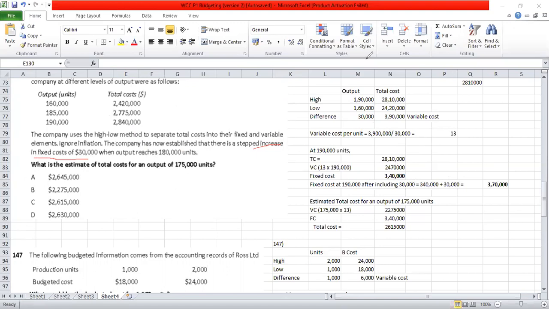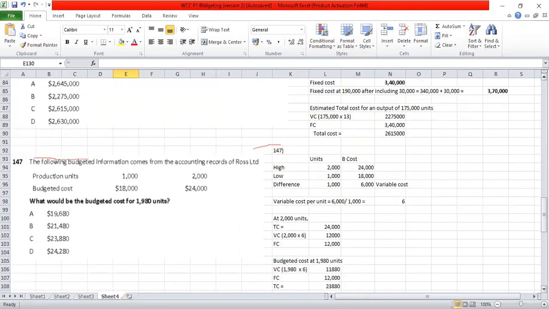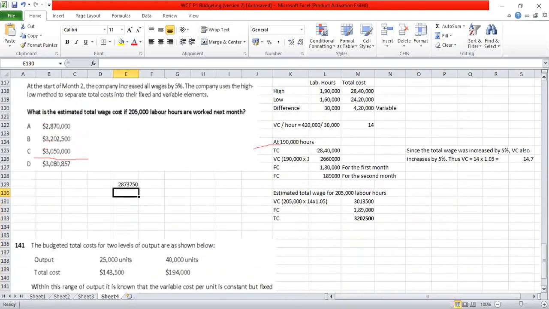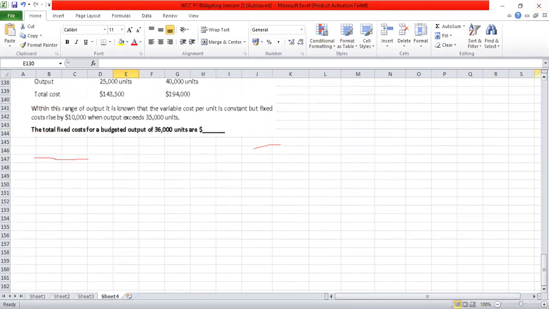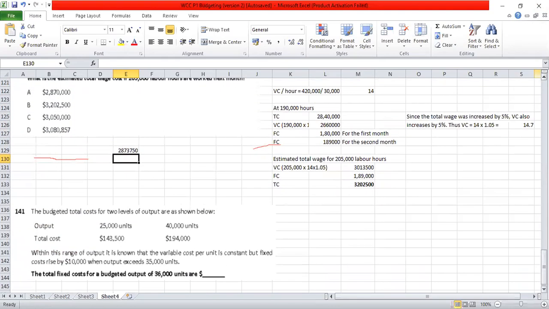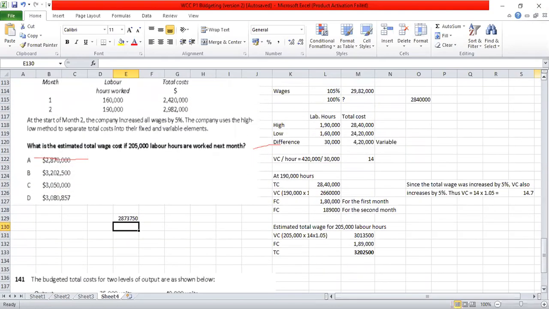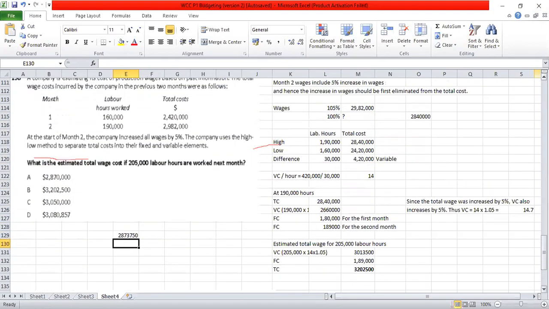But in the previous question which we solved, it says that all wages got increased by 5%. Therefore, the variable component also has to be increased. Okay, ma'am, now I understood. It is all wages by 5%.